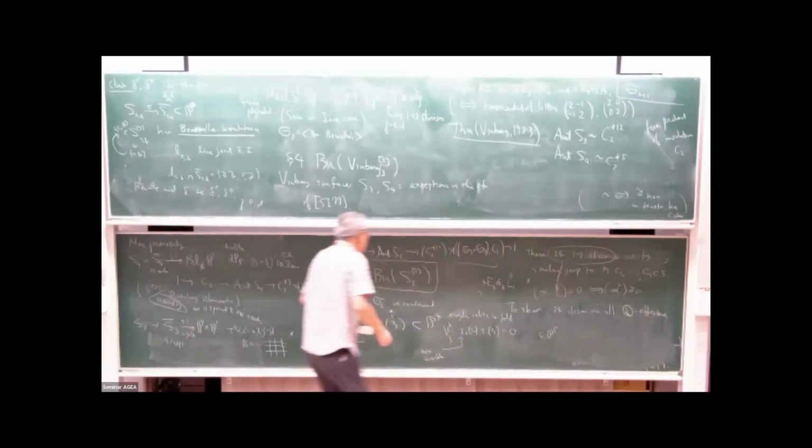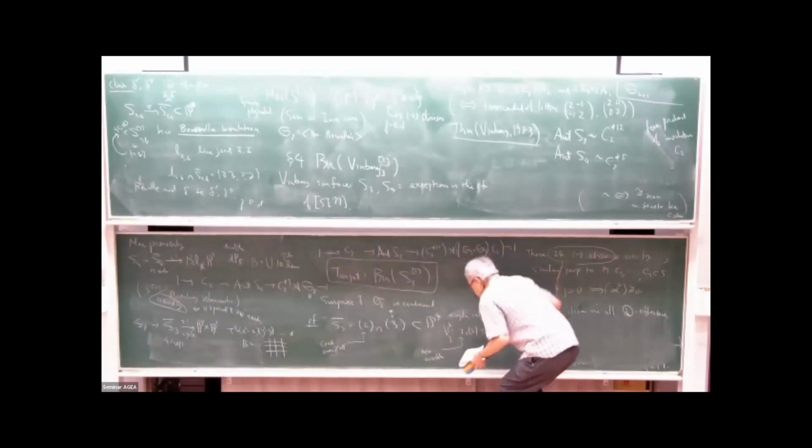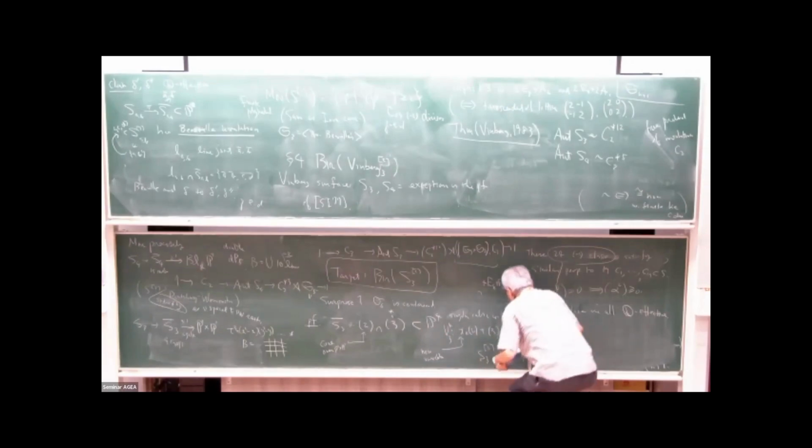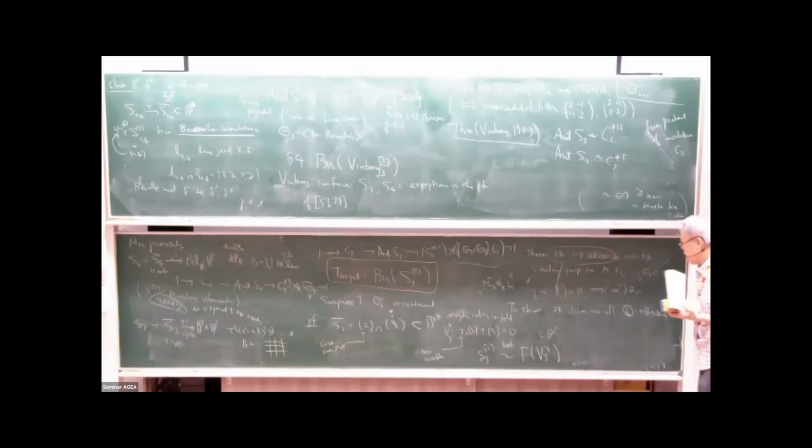Then, as I explained, not so fully explained, the Hilbert square of this guy, or its resolution, is birational to the Fano scheme of lines in a cubic fourfold.